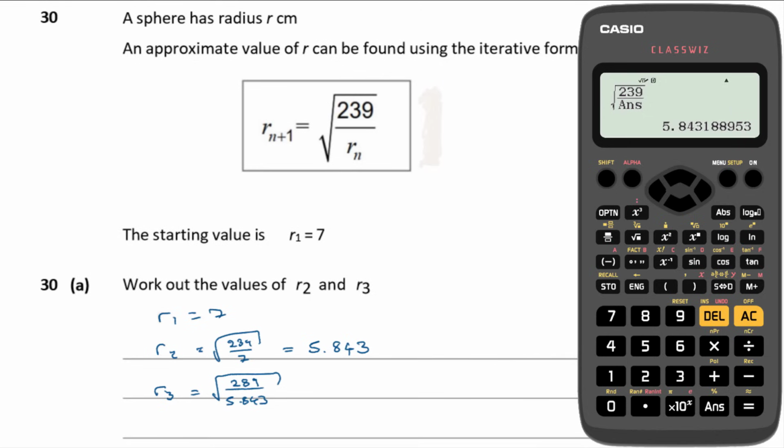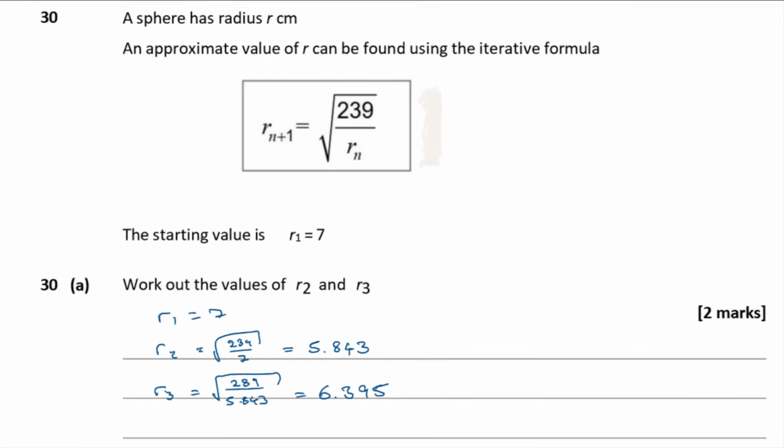But because of the way we set it up on the calculator, all I have to do is press the equal button again, and it's going to feed R2 into the formula, and it's going to give me R3 straight away. So that's 6.395. And again, we're just going to write down the first 4 significant figures for now. So that's 6.395. Okay, so we're done with that.